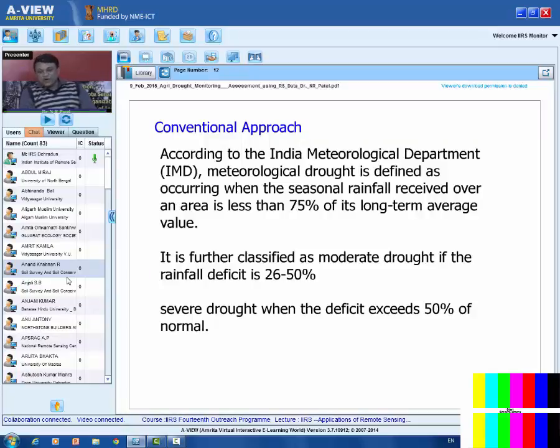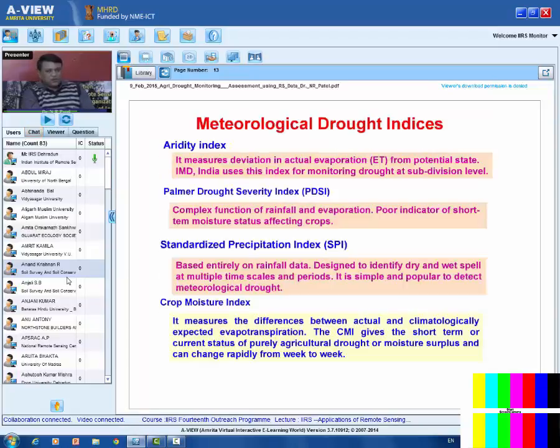It can be a moderate drought if the rainfall deficit is between 26 and 50%, and severe drought if the rainfall deficit exceeds 50% of the normal rainfall. So that was the generalized drought characterization based only on percent rainfall, or you can say percentile rainfall.